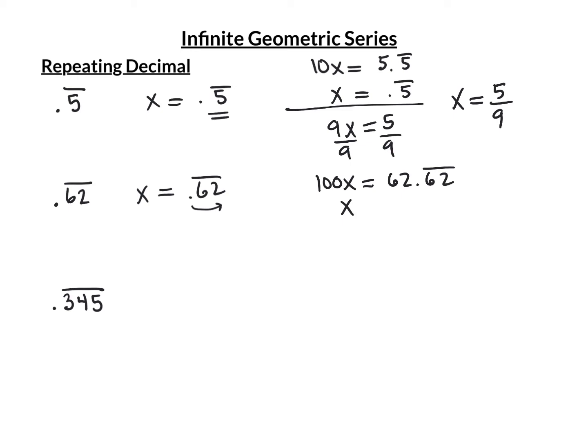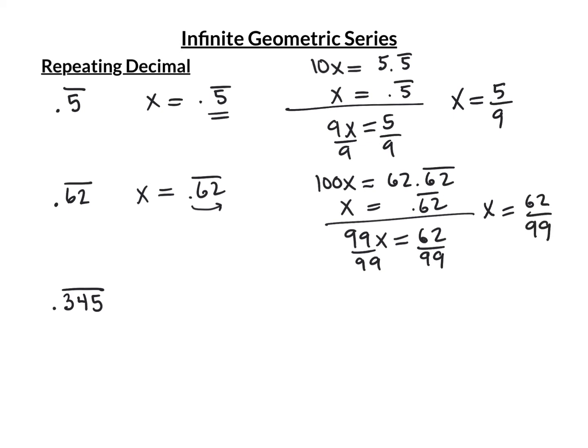Write the other equation underneath and subtract them. 99x equals 62. Divide both sides by 99, and x equals 62 divided by 99. If you punch in 62 divided by 99, you'll see it's 0.62626262 forever.